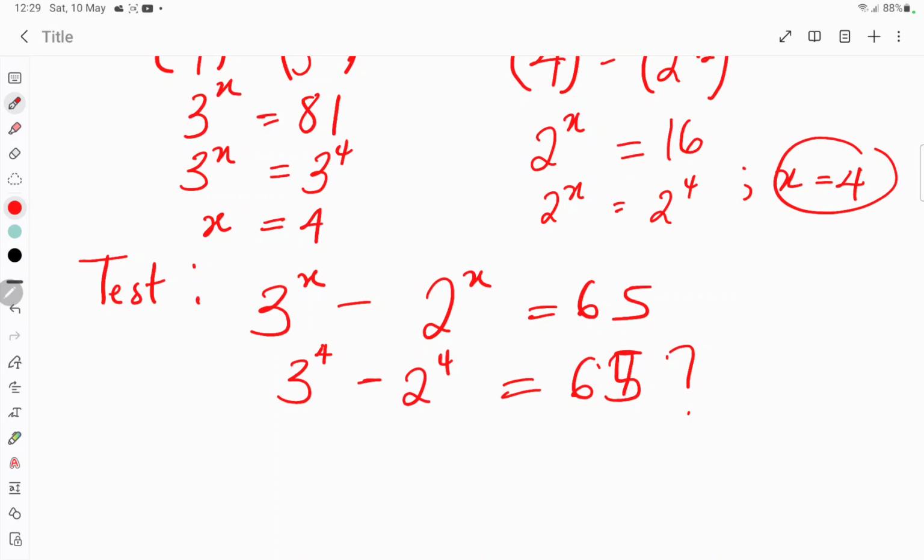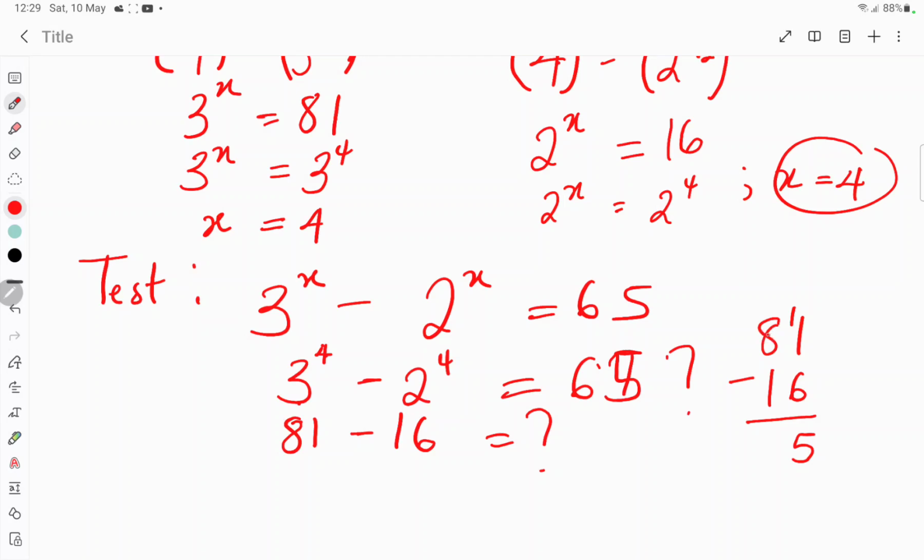To check that, 3 power 4 is 3 times 3 is 9, times 3 is 27, times 3 is 81. 81 minus 2 power 4, which is exactly 16. So let's know whether this is actually 65. We have 81 minus 16. 1 minus 6 cannot work, so we borrow 1. 11 minus 6 is 5.